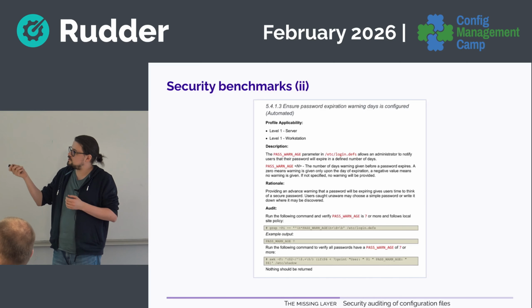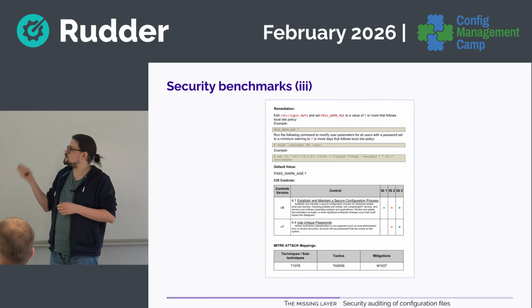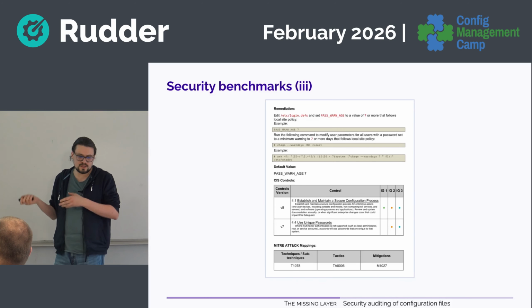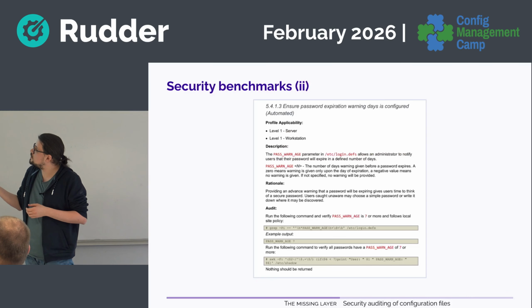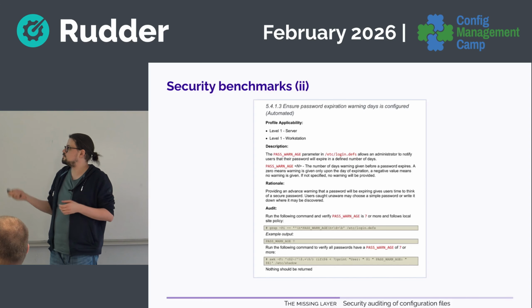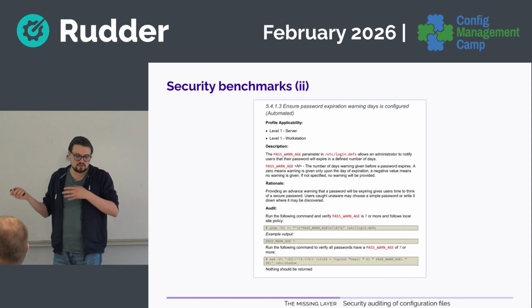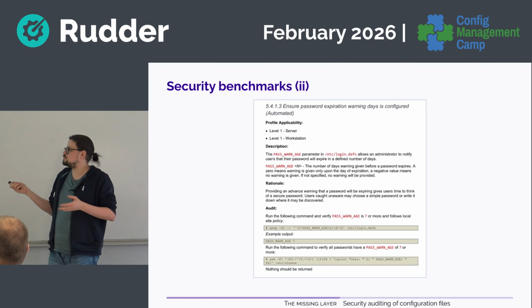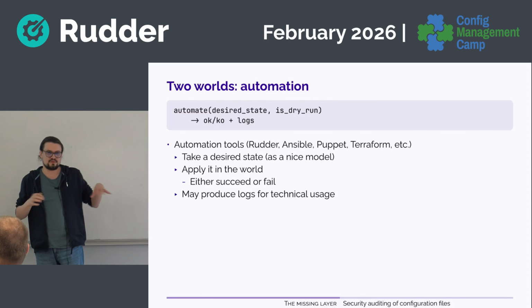And so you have a description of how you can audit the configuration, and an explanation of how you can remediate this. So in this case, we have a value in login.defs that should be higher than 7. Okay. So that's what it describes, and then we have some metadata about why it is important to set it correctly.